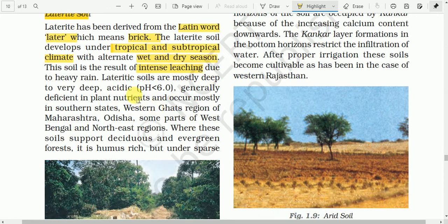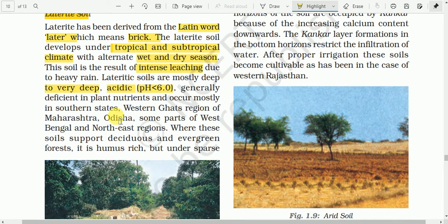And laterite soils are mostly deep to very deep, that means thick, and acidic. Generally, laterite soils are acidic, that is, the pH value is less than 6.0 or 6.5, and generally deficient in plant nutrients. So these are the characteristics of laterite soils.